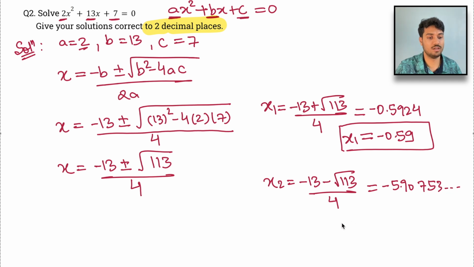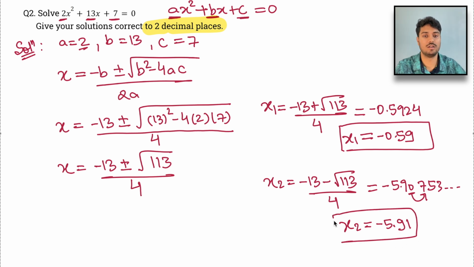So x2 will be minus 5 point. Now the second decimal place number is 0, and next to 0 we have 7, hence we'll write minus 5.91, and this will be your second solution, or you can say x2. That's the answer. Let's move on to the next question now.